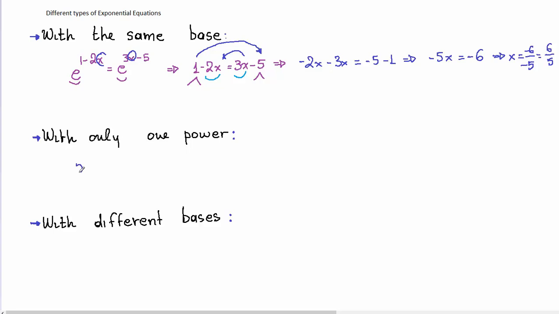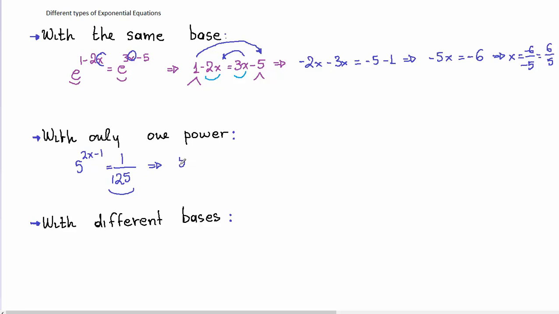Let's look at a different example. 5 to the 2x minus 1 equals 1 over 125. Again, when we have only one power and the other is a constant, like 1 over 125, what we need to do is try to rewrite the number as a power of 5.